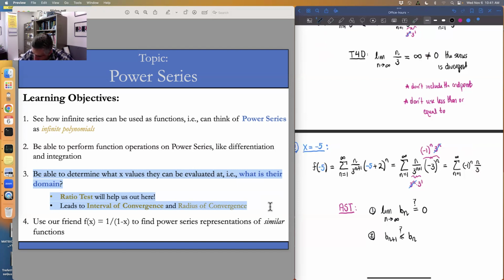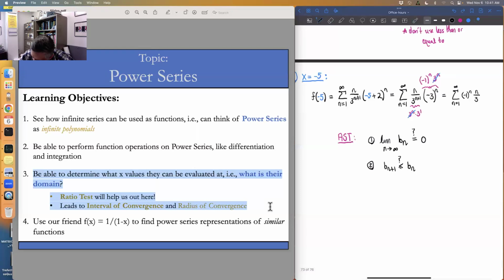So let's try it out. In this case, it's good to define what our b_n's would be. Let's apply the alternating series test. The b_n's are the terms that are strictly positive, so this is n over 3. Let's apply this to number 1 and see whether it holds.